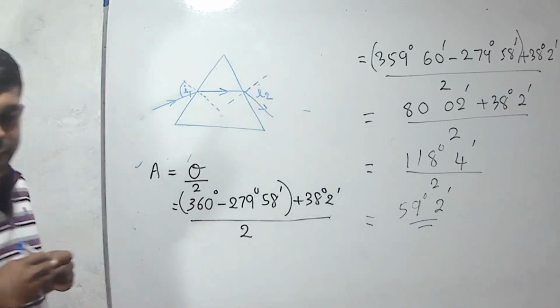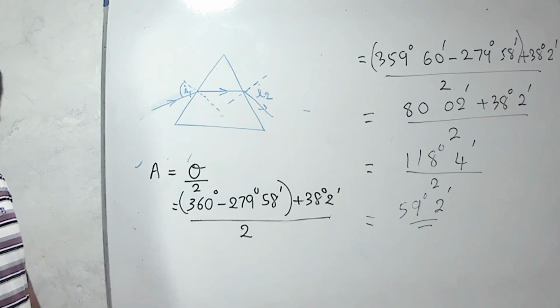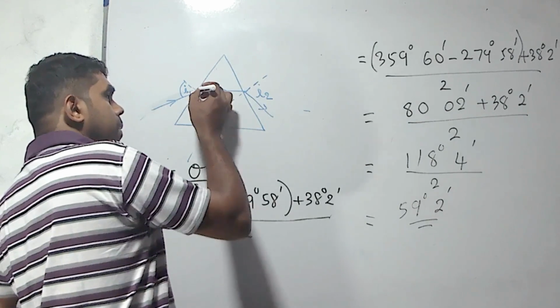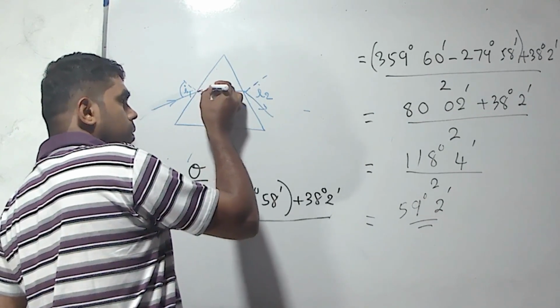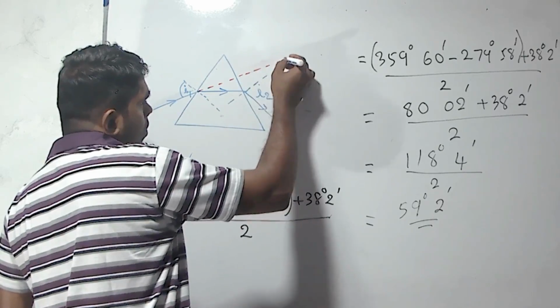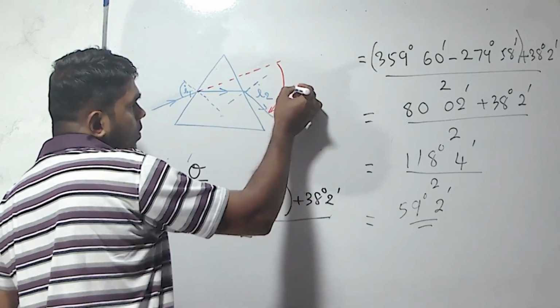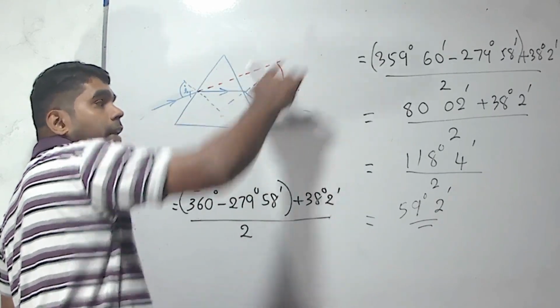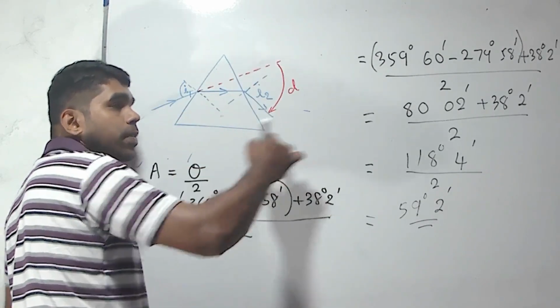We have to get the angle of deviation. Angle of deviation means this angle. This is the direction of the incident ray. This is the direction of the emergent ray.